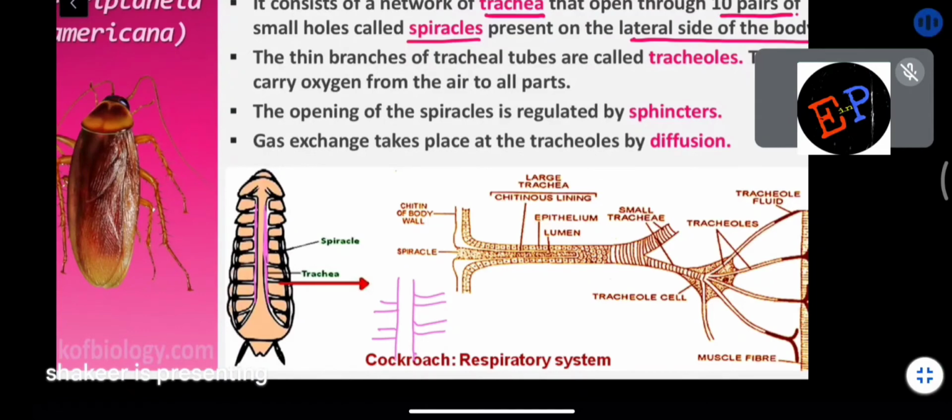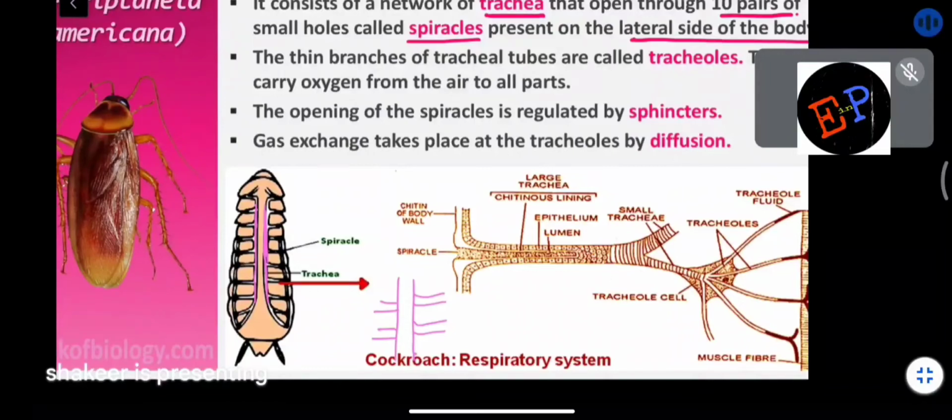And air travels through these spiracles, and each spiracle is divided into many tracheoles. Like veins and veinlets, no? Veins are further divided into veinlets. Similarly, the trachea is again divided into tracheoles. That's it. Clear? So let us see the function of this.